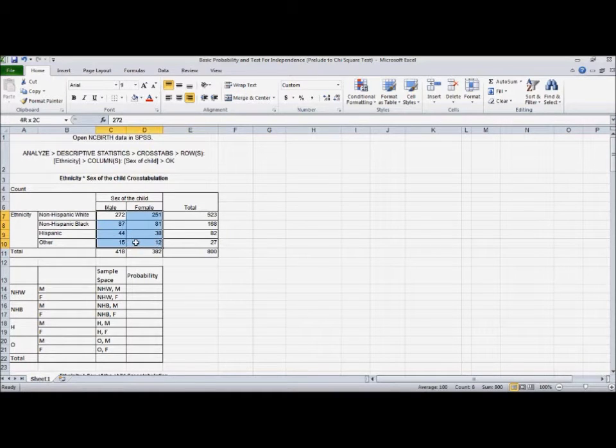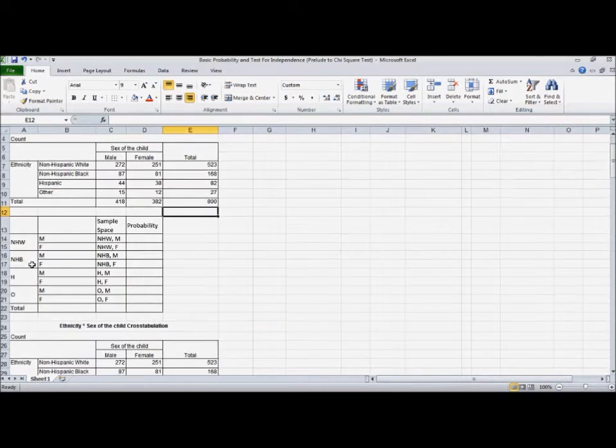So we'll look and see how to do some simple probability calculations using these counts. The first thing, you should know what a sample space is. A sample space is all possible outcomes in our sample, depending on the categories that we're using. Now, in this case, our categories were our variables that we use were ethnicity and sex of child.